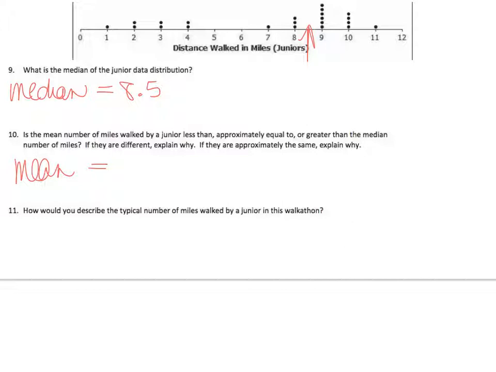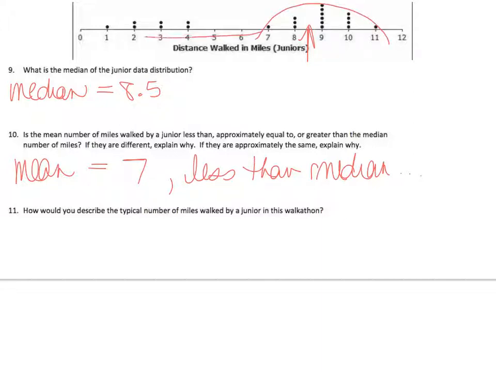So I went ahead and did my one variable stats in my calculator, and I got a mean of 7.04 to be exact. We're going to just say 7 though. So the mean is less than the median, which is important. Oops, median. So the small cluster of data values to the left, you've got a mound here and this pulls it that way.